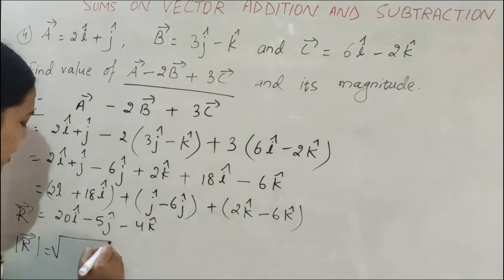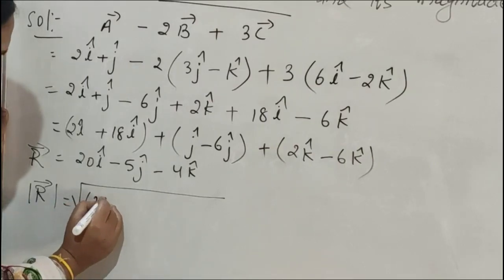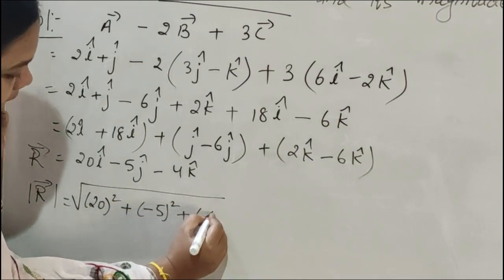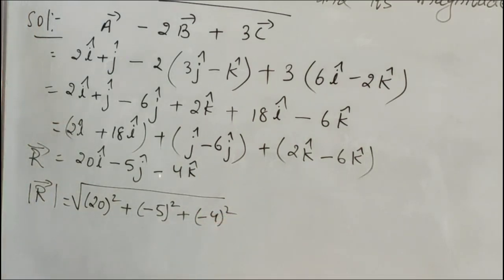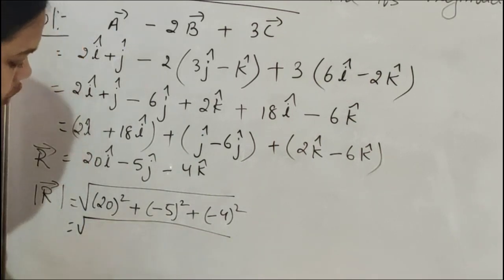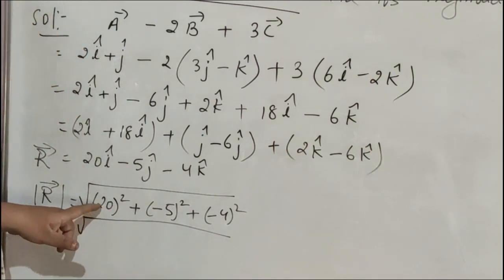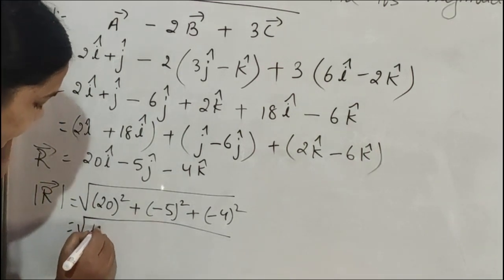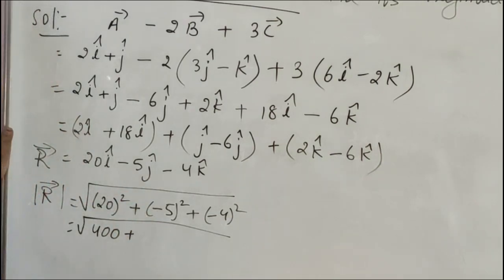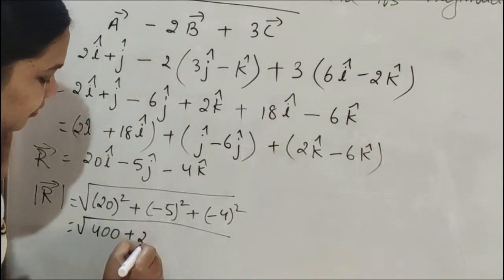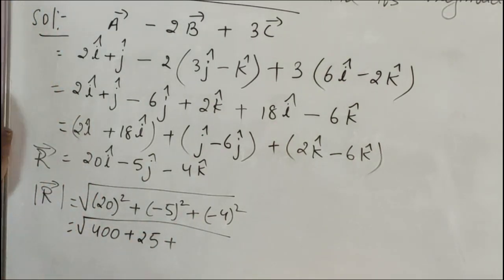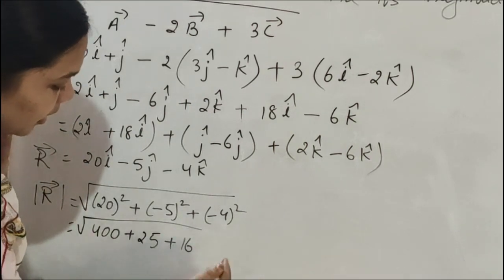So the square root of 20 square, plus the square of minus 5, plus the square of minus 4. 20 into 20 is 400, plus minus 5 into minus 5 is 25, plus minus 4 into minus 4 is 16.